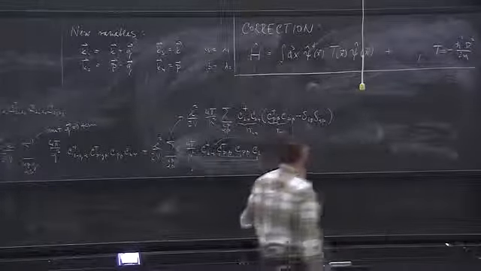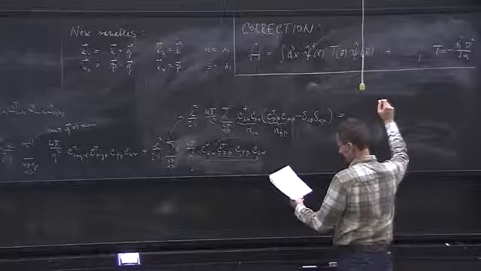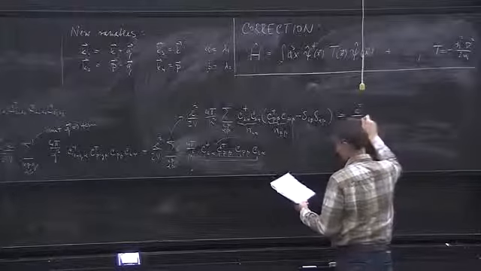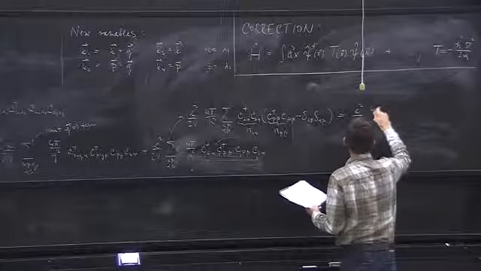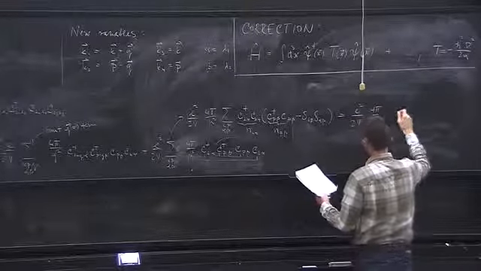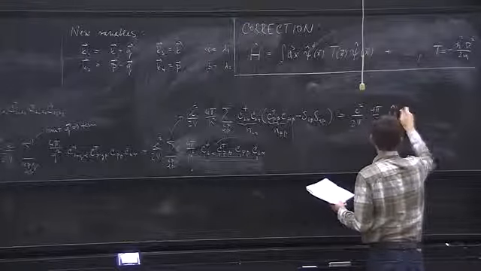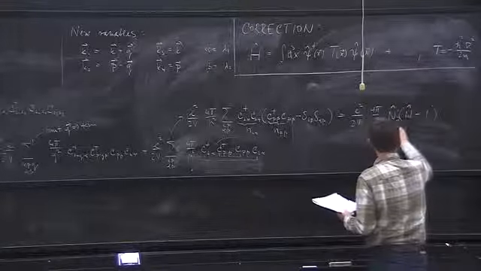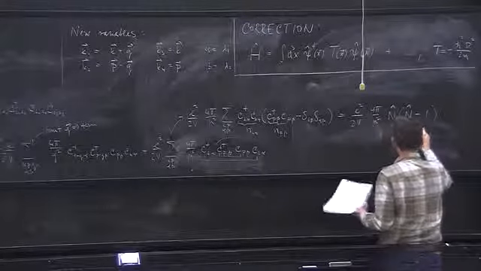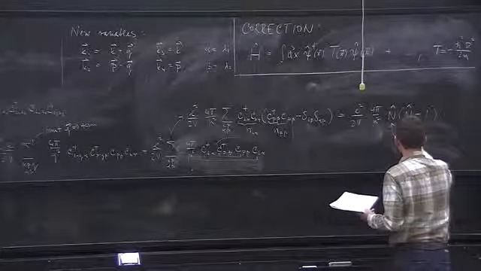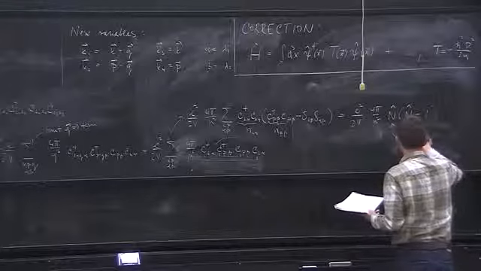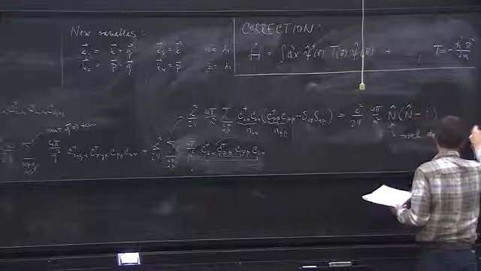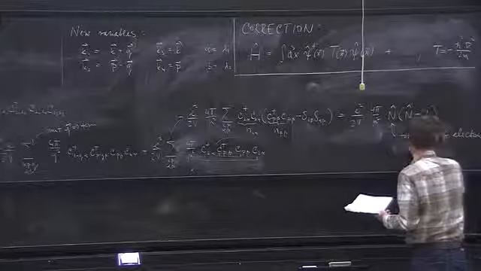So when I perform that sum, this is simply e squared over 2v, 4 pi over mu squared, I'm just copying this, N times N minus 1, where this capital N is the total number of electrons operator.